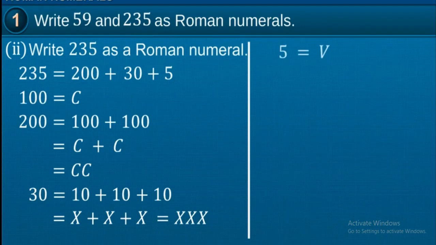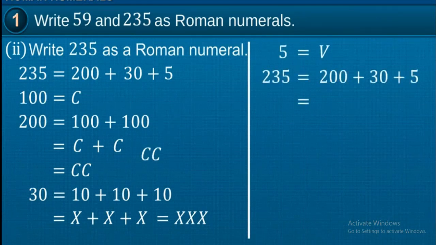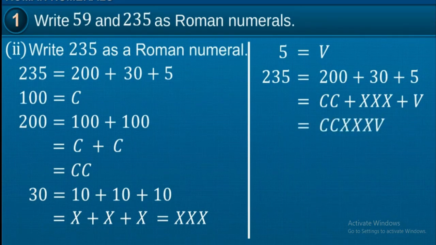The Roman numeral for 5 is V. Replacing 200 with CC, 30 with XXX, and 5 with V, we get the Roman numeral for 235 as CCXXXV.